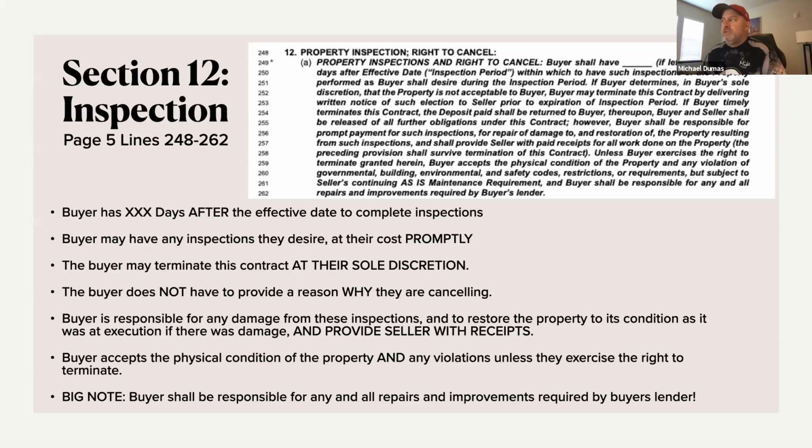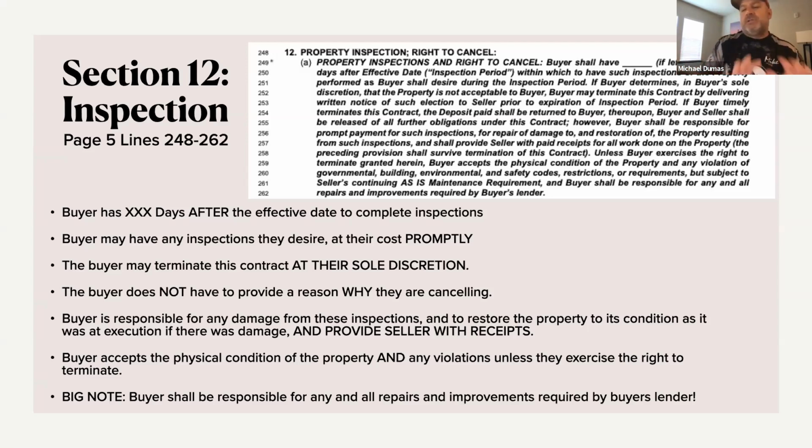Now let's go to line 258. Unless the buyer exercises the right to terminate that is granted herein in this section, buyer accepts the physical condition of the property and any violation of governmental, building, environmental, and safety codes, restrictions, or requirements, but subject to the seller's continuing as-is maintenance requirement. And there's another part to that, that's the but.